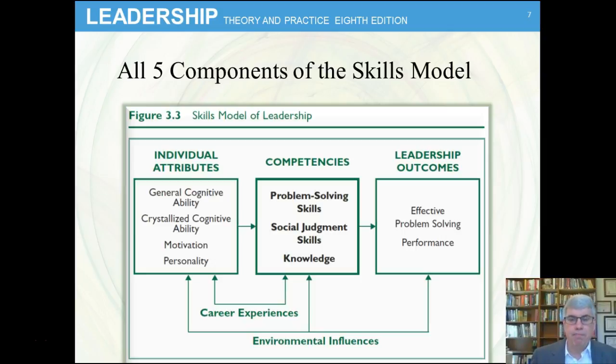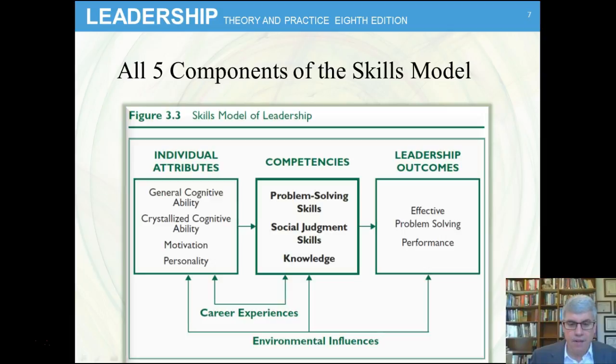Or I know the importance of working with people when this type of tension arises because I have that experience. Or I've been making pizzas at 14 different companies. I know how to make pizzas in a variety of different ways. So these career experiences affect both the individual attributes and the competencies.